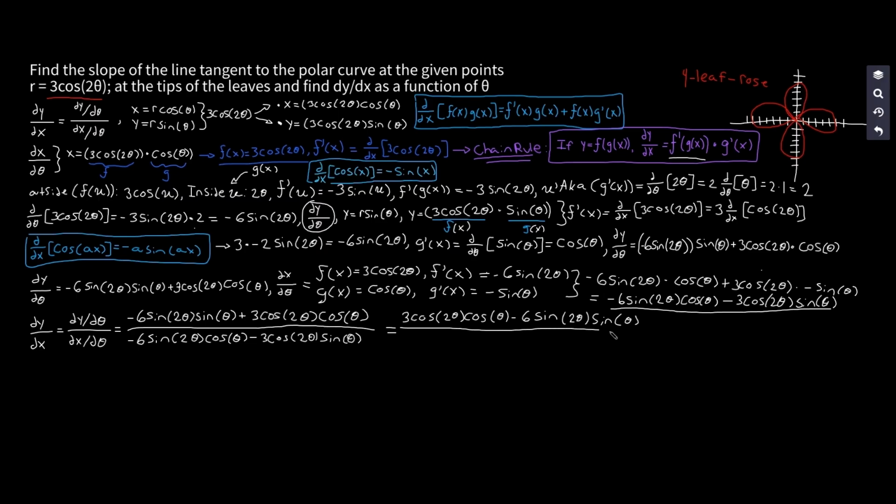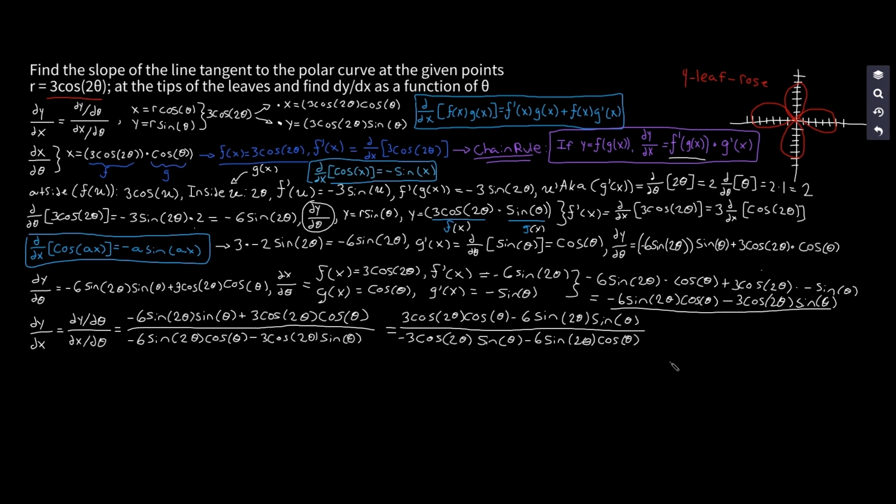And then this is gonna be all over negative 3 cosine of 2 theta times sine of theta minus 6 sine of 2 theta times cosine of theta.